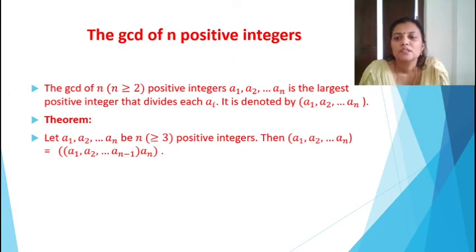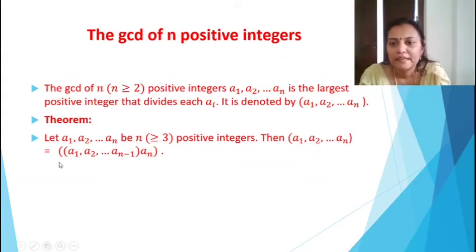Now, the GCD of n positive integers. The GCD of n positive integers a1, a2, etc., an is the largest positive integer that divides each ai. It is denoted by (a1, a2, etc., an).